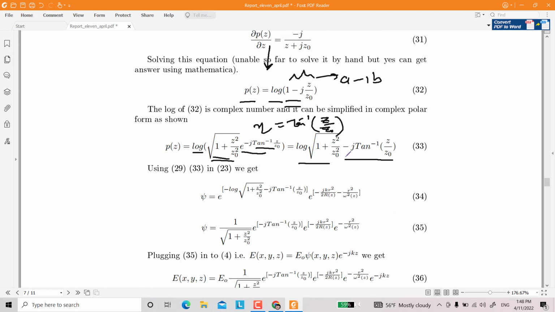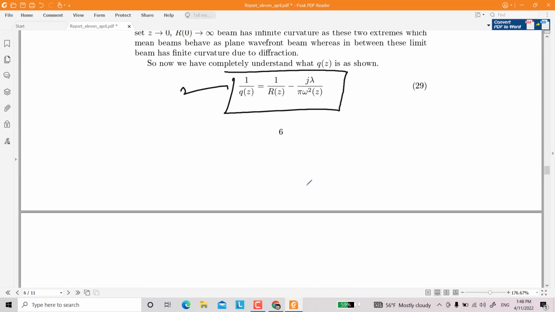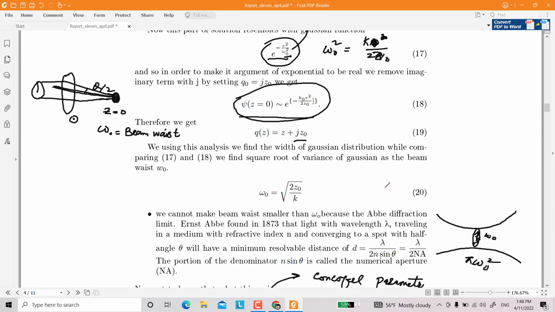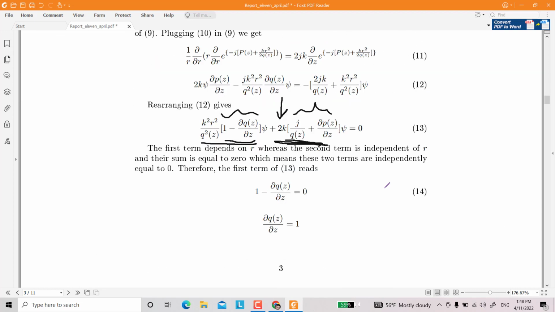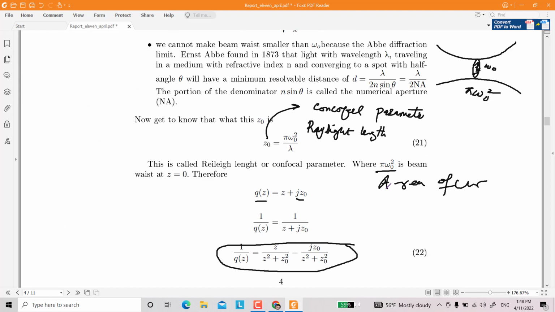So if you put this value of P of Z and the value of 1 over Q of Z in your proposed solution, where is the solution?